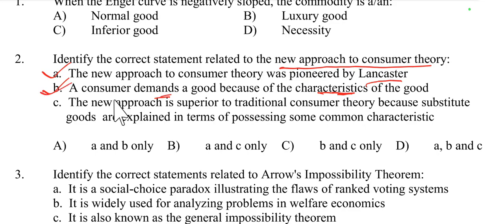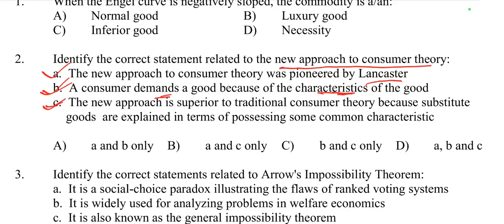Then option C, the new approach is superior to traditional consumer theory because substitute goods are explained in terms of possessing some common characteristics. So this is also right, because the new approach explains substitute goods in terms of common characteristics that goods share, helping to better understand consumer choice between different products.